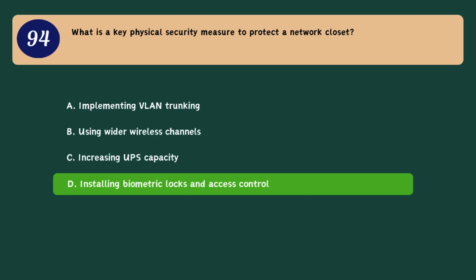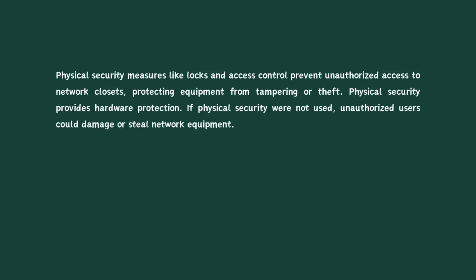D. Installing biometric locks and access control. Physical security measures like locks and access control prevent unauthorized access to network closets, protecting equipment from tampering or theft. Physical security provides hardware protection. If physical security were not used, unauthorized users could damage or steal network equipment.